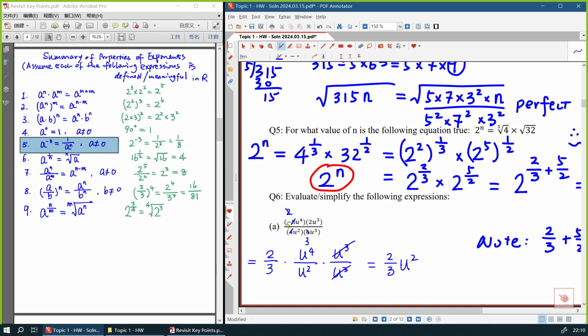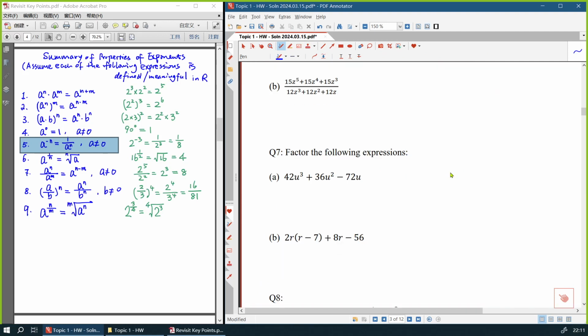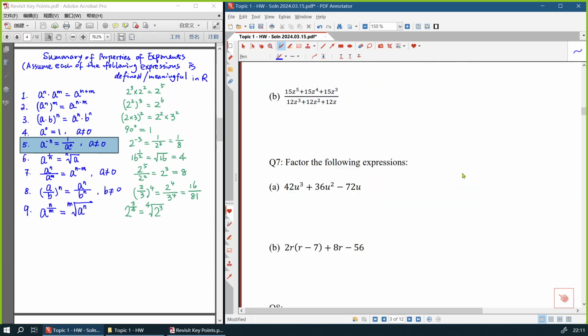And of course, there is a negative symbol in front. Do not forget the negative symbol, right? So we should put a negative symbol in front of that. So that gives us negative 2 over 3 u squared. Can you follow me? Alright, then question B.